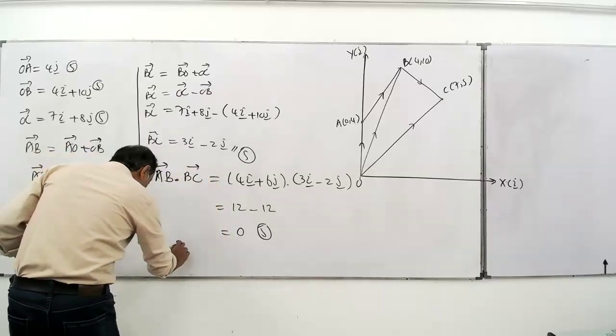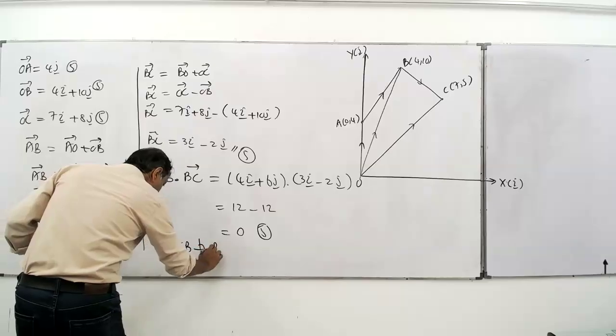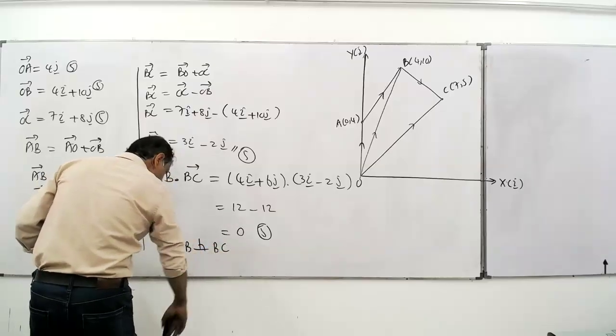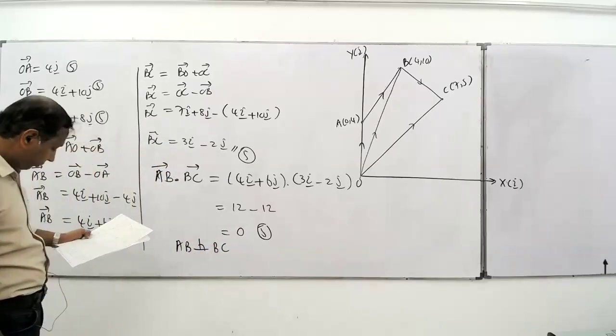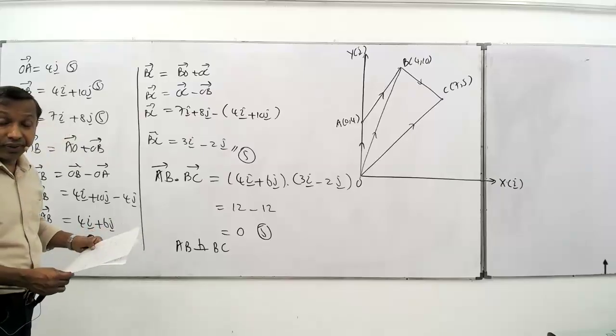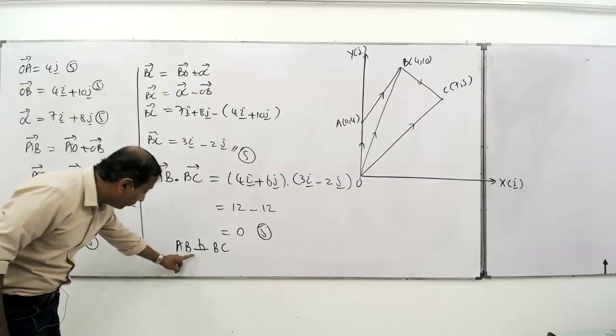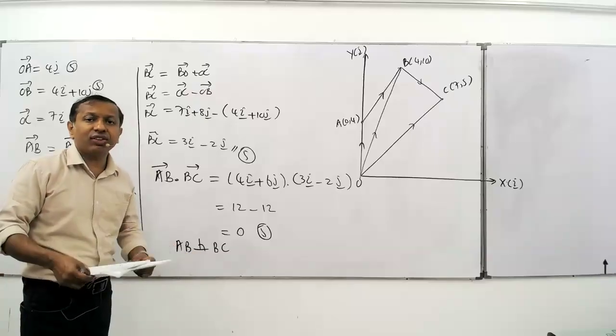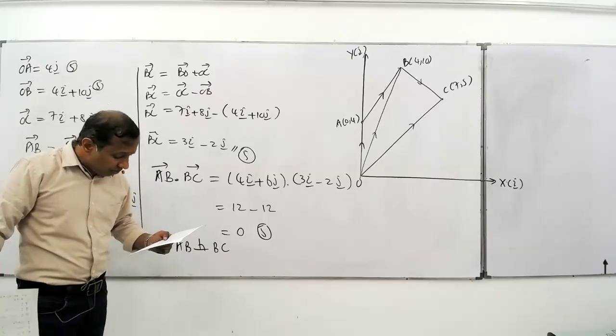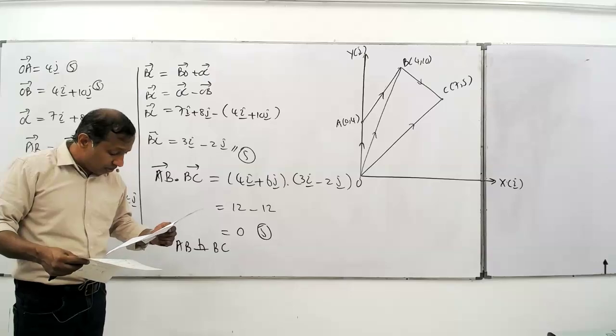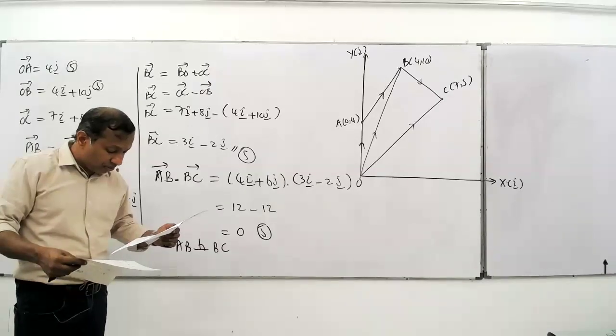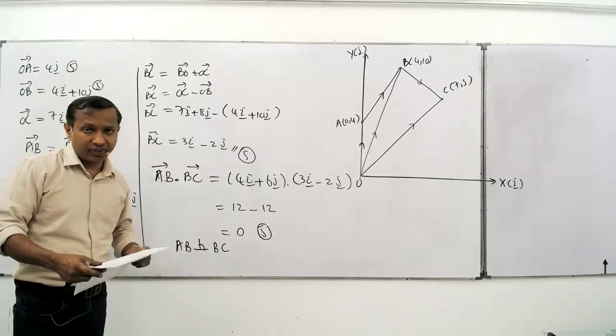Therefore, AB is perpendicular to BC. If somebody stops here, the question asks to show, using these vectors, that the triangle ABC is a right angle triangle.